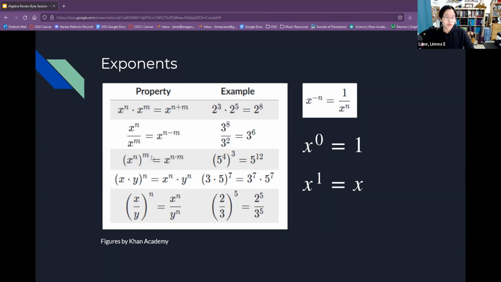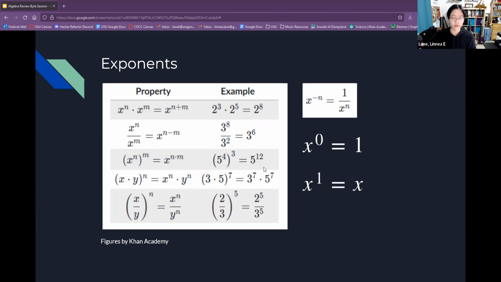If you're raising an exponent to an exponent, you multiply those two exponents together, and you can combine them like so.